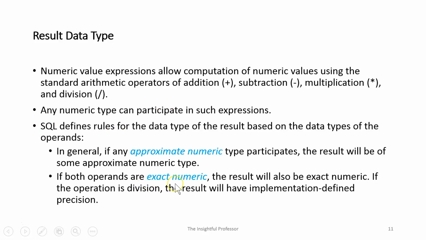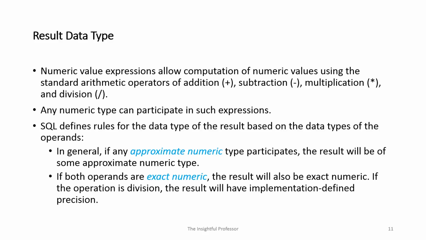On the other hand, we have this thing called an exact numeric. We can exactly represent values like 1, 2, 3. We can represent integers precisely. We can represent decimals precisely or exactly. So if both operands are of an exact numeric data type, the result will also be exact numeric.